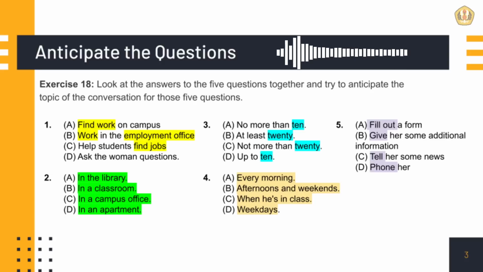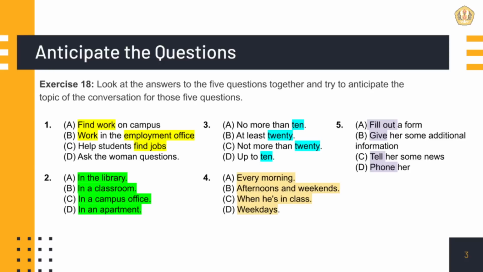I need to work at least 10 hours a week, and I don't think I can handle more than 20 hours with all the courses I'm taking. And when are you free to work? All of my classes are in the morning, so I can work every weekday from noon on. And of course, I wouldn't mind working on the weekends. I'll try to match you up with one of our on-campus student jobs. Please fill out this form with some additional information about your skills and leave the form with me today. Then you can call me back tomorrow and maybe I'll have some news for you. Thanks for your help.